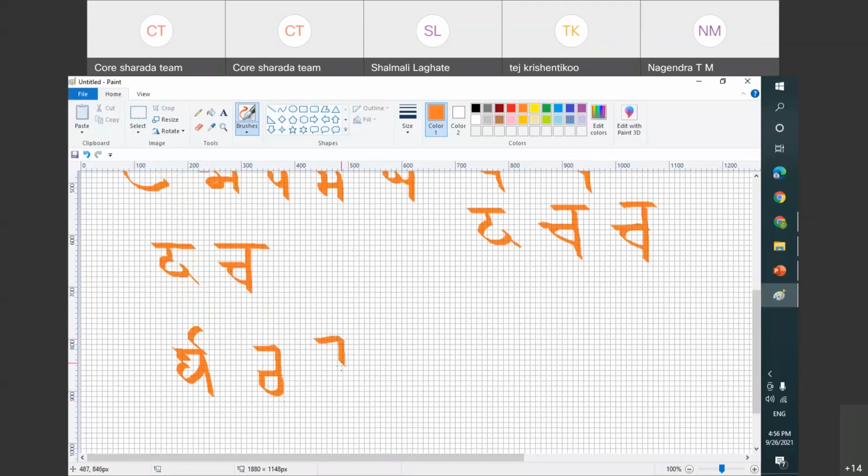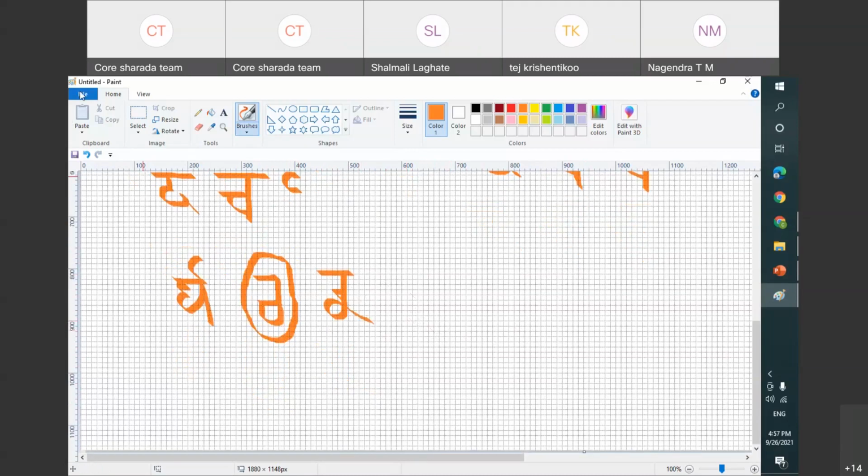It can be written like this also, but the problem is it can be written like this also. But ardh is written even like this. This is also ardh. So let me just tell again these three: R, Y, R, V, and R, Dh.